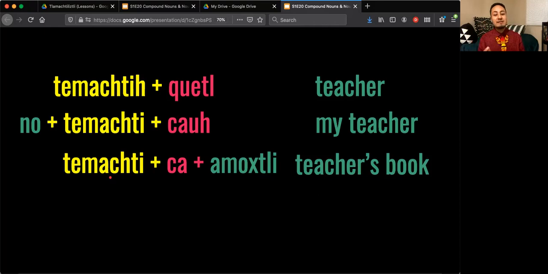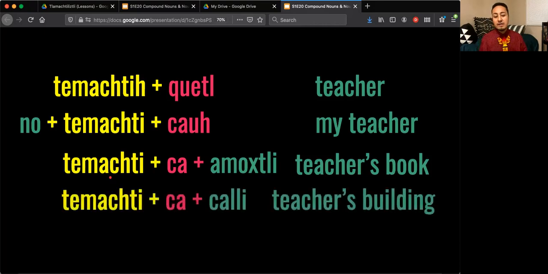Well, when you add this amoshli or any other noun, these ket nouns become ka. So it becomes temachtika amoshli. That's how you would say teacher's book. Or if you want to say teacher's building, you would say temachtika calli. Temachtika amoshli and temachtika calli. Quali. All right, so you need to add this ka. So this ket becomes ka.